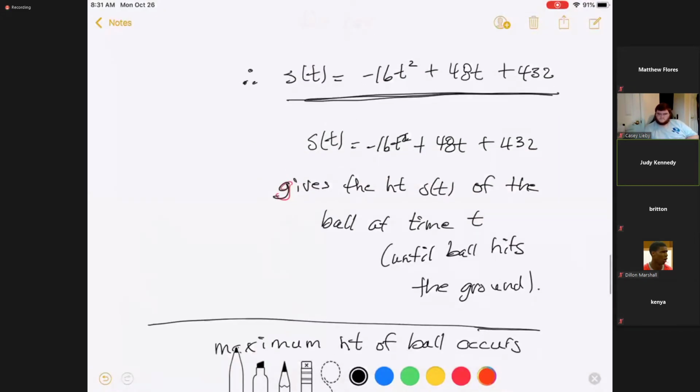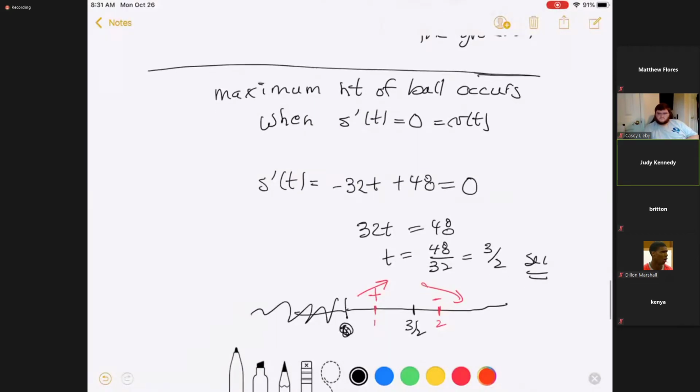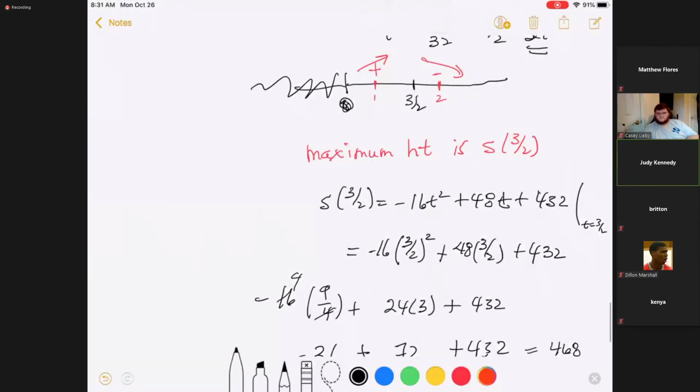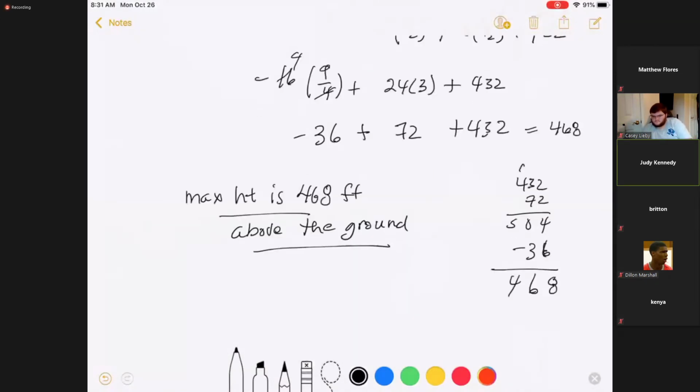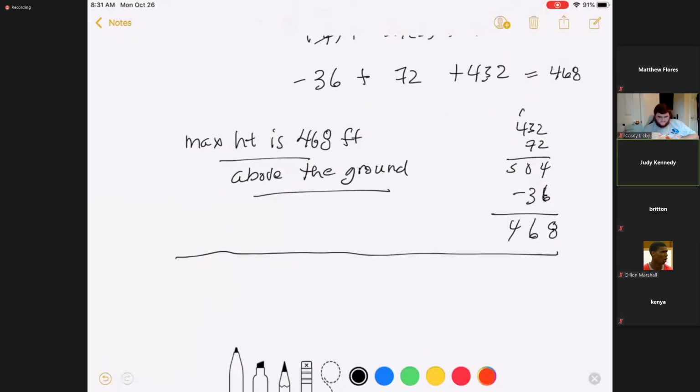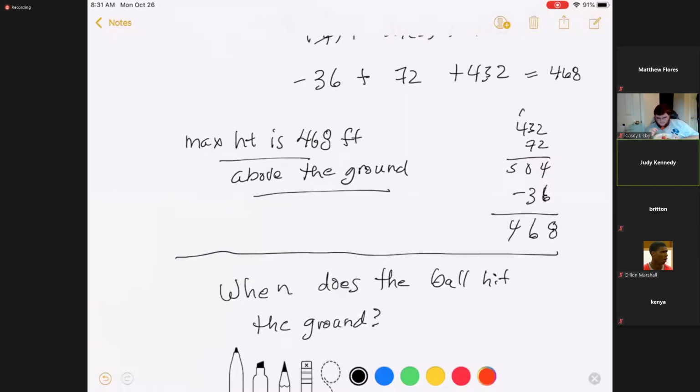Okay. So let's answer that last question. That's basically when S of t is 0.